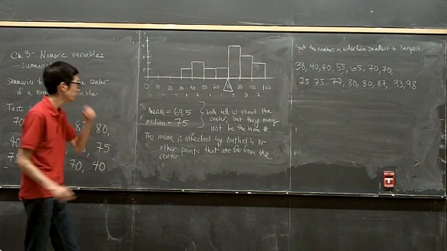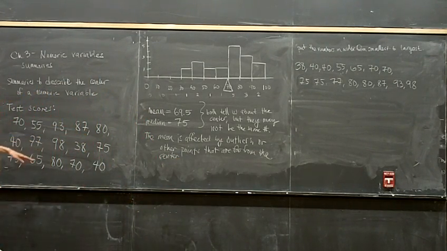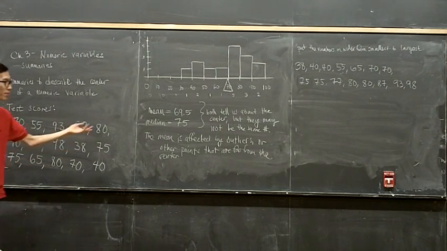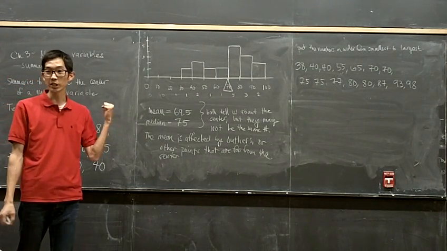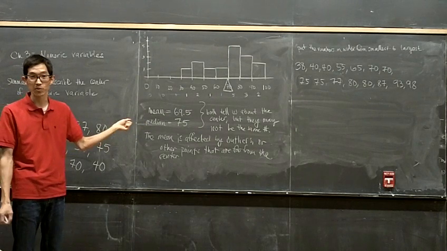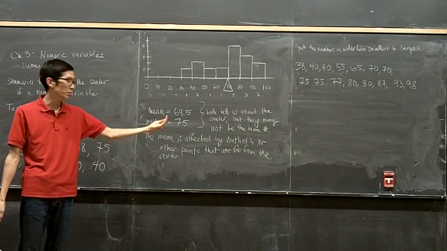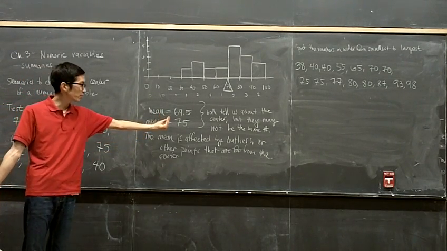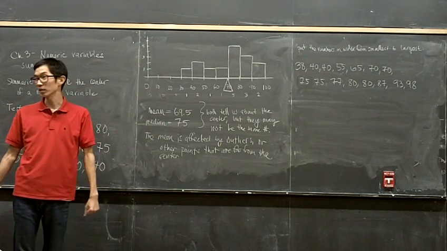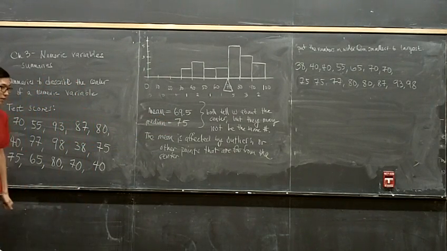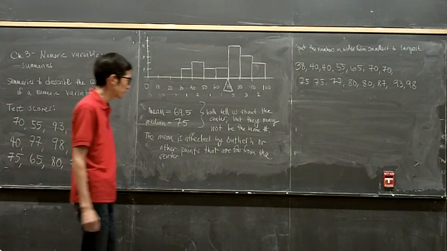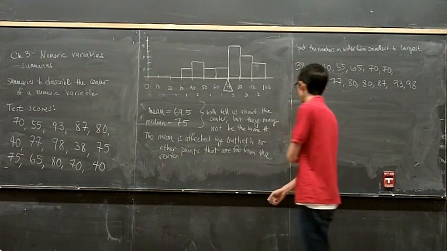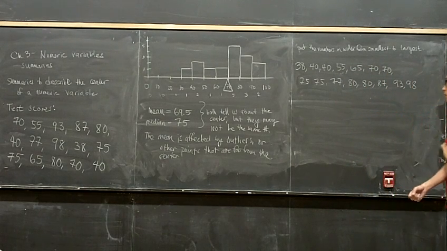What's happening is that these people who scored a 38 or a 40 on the test are bringing the average of the class way down, away from 75 down to someplace like 69.5.